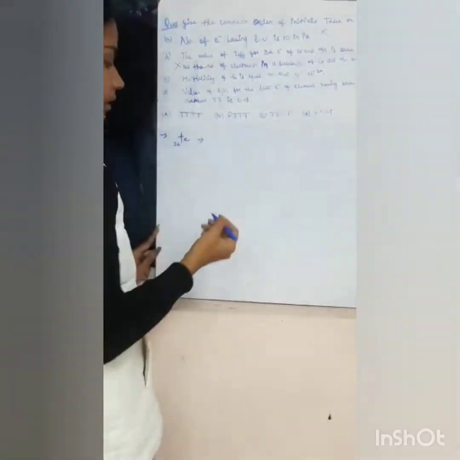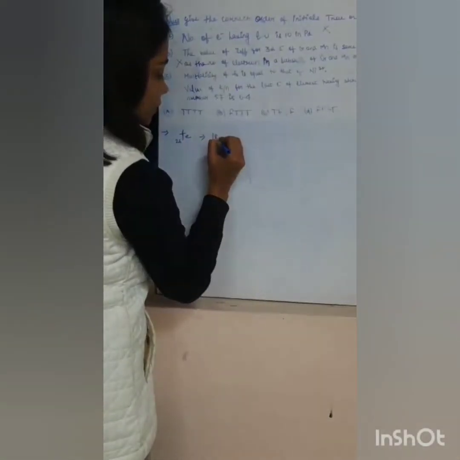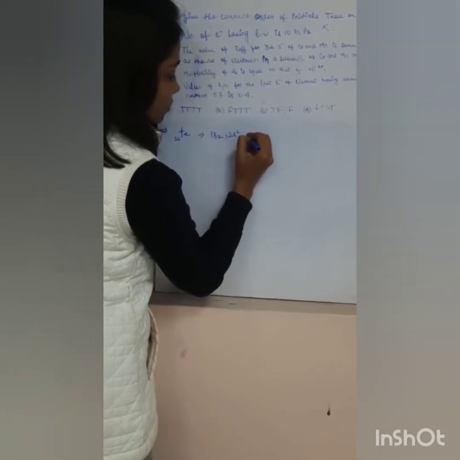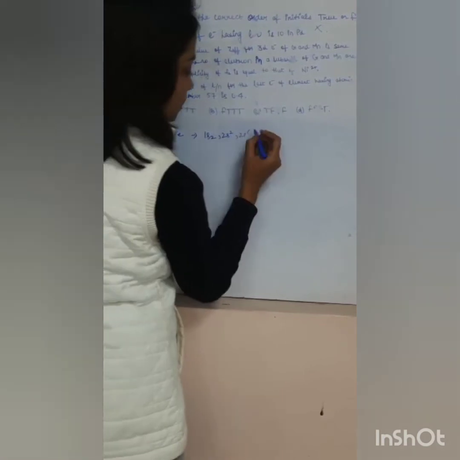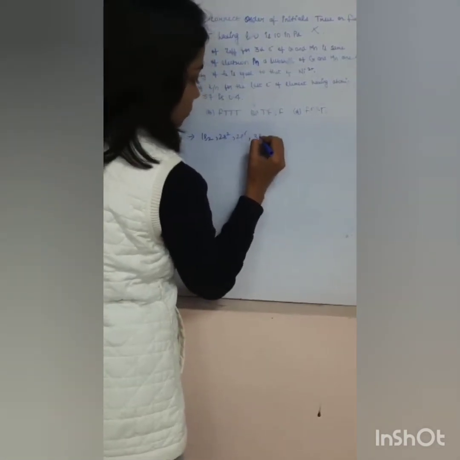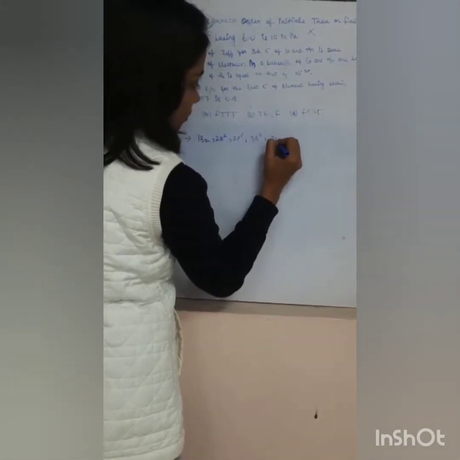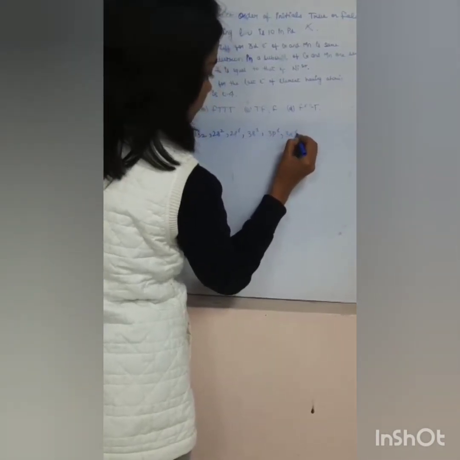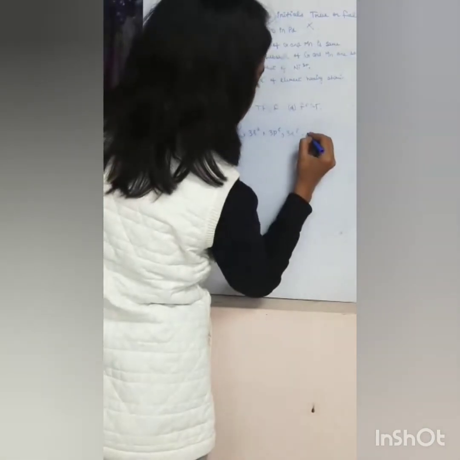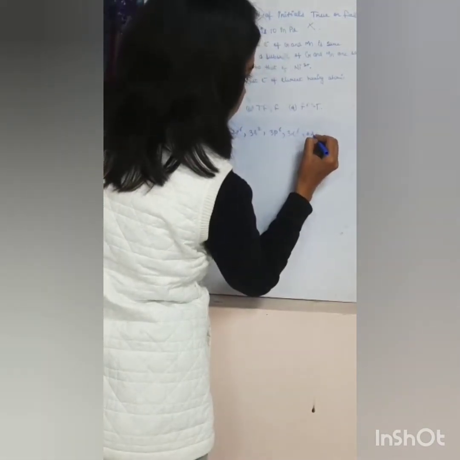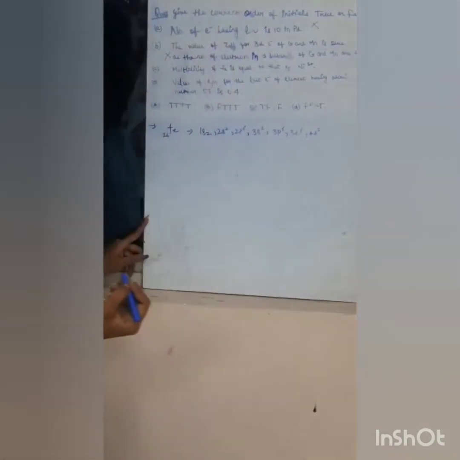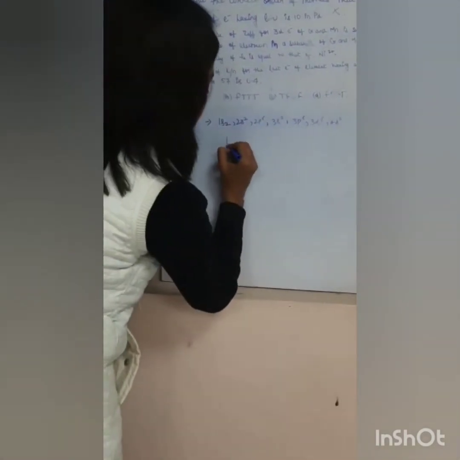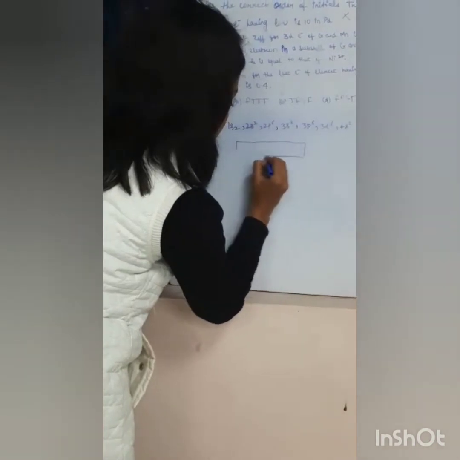The electronic configuration will be 1s2, 2s2, 2p6, 3s2, 3p6, 3d6 and 4s2. Now we will draw the subshell.